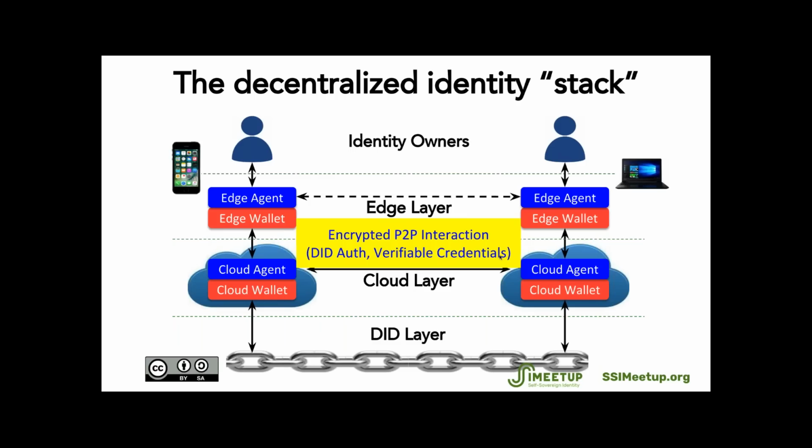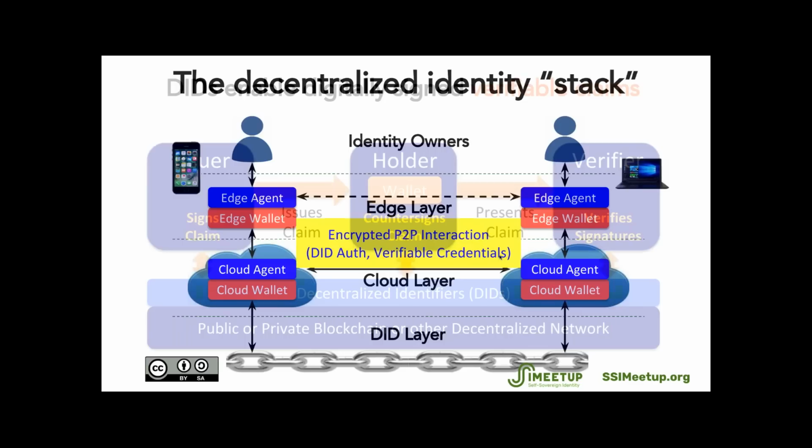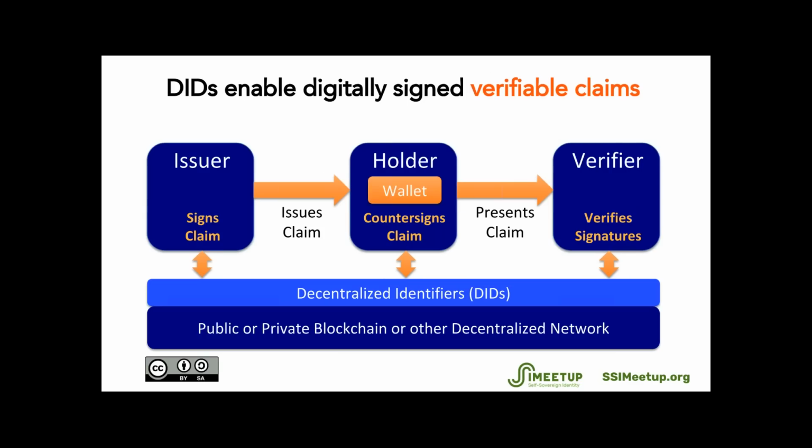I want to make sure this last piece of the architectural puzzle is clear. All of what we've just covered sets up that channel, that relationship, that connection for the exchange of verifiable credentials. And I want to make sure it's clear how DIDs play in those.